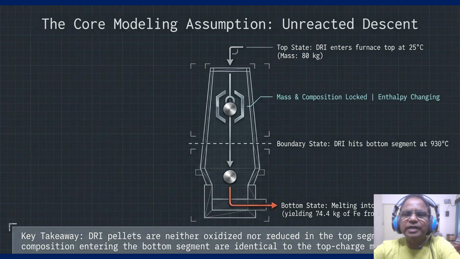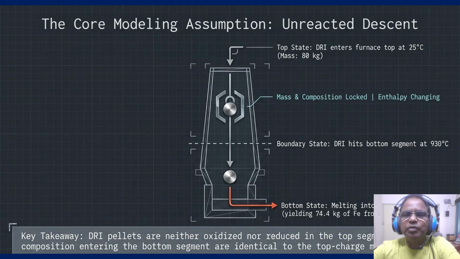We specify that DRI pellets are neither oxidized nor reduced during their descent through the top segment and the chemical reserve zone. We lock the mass and composition at the top and carry it down to the 930-degree boundary.